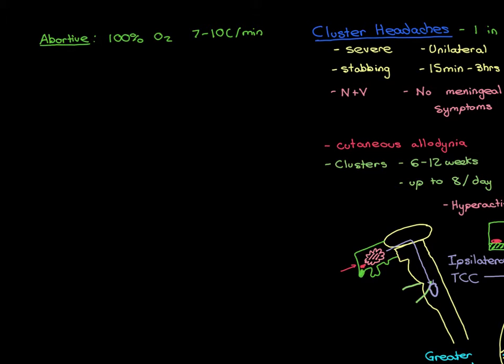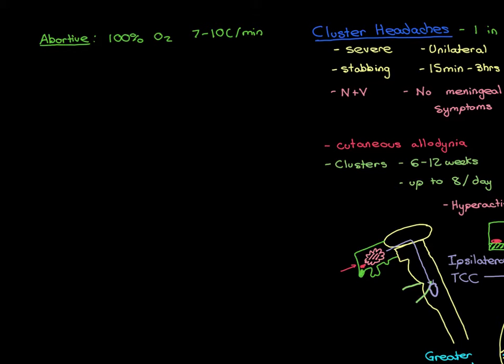It is incredibly effective, and indeed we give oxygen canisters to people who are suffering from cluster headache, well, some people get this if they want it, so that they can abort their cluster headaches. It is extremely effective.